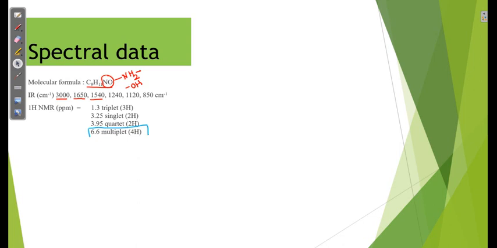The molecular weight is not given to us, but the molecular formula is given, so we are very happy. Now NMR and IR are very important and interesting for this case also.